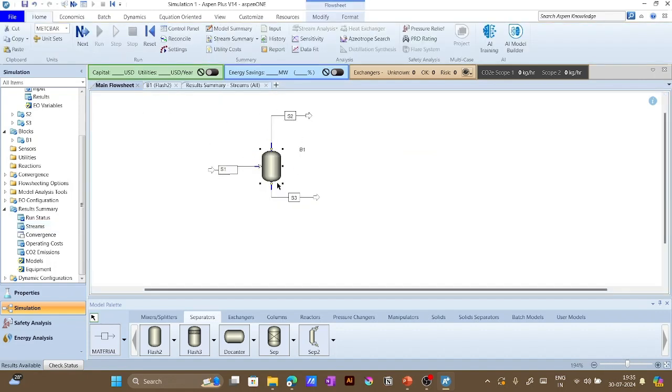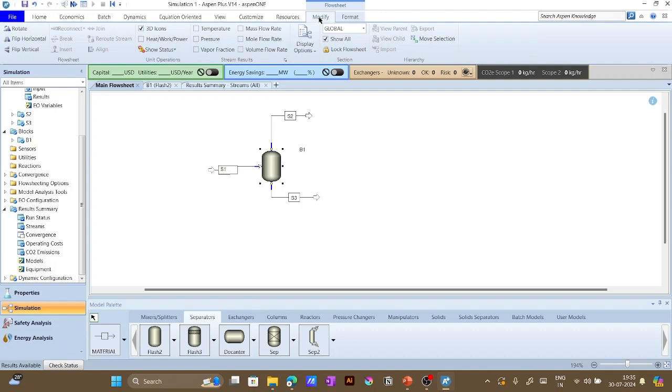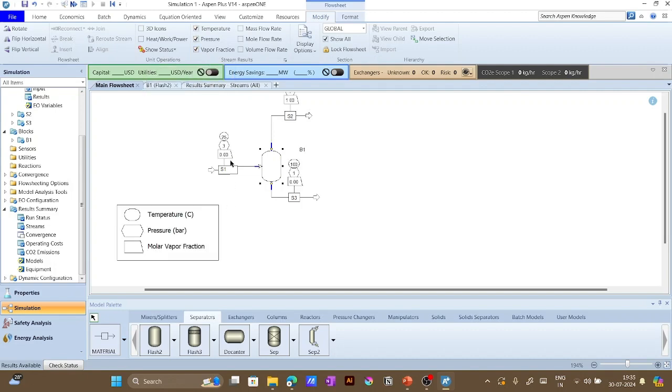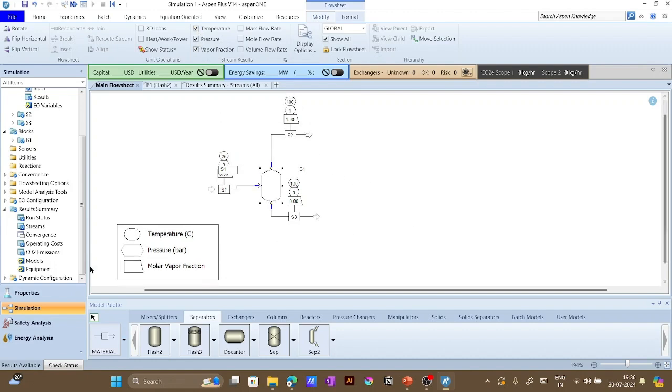Now you can customize this flow sheet according to your requirement also. If you see here, you can see this modified parameter where you have different options. If you don't want to show this 3D icon, then you can remove it. If you want to show the temperature of the stream, pressure value, vapor fraction, as I'm checking all the tick marks, these values are being added into the system, along with the legend.